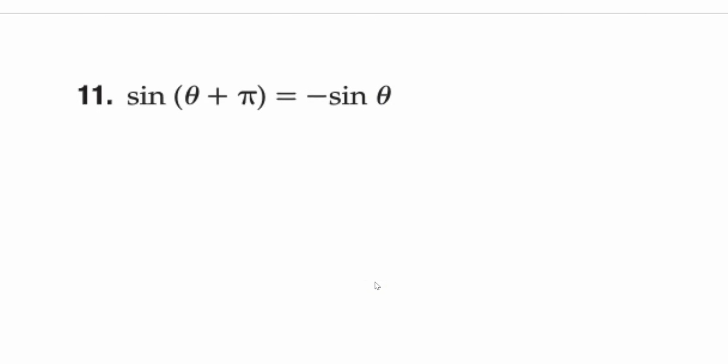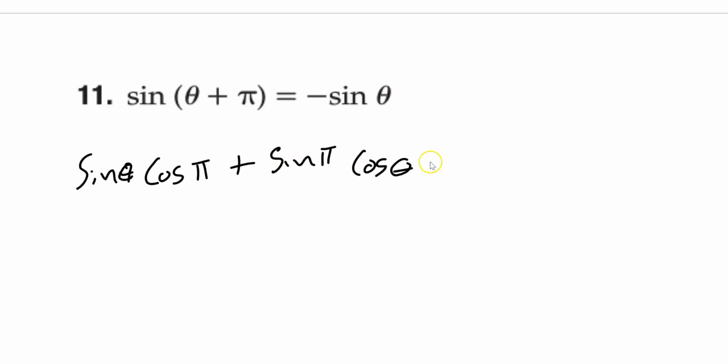One final one right here: sine of theta plus pi over 2. It's all the same idea, we just use the formula. The formula for sine is sine theta cosine pi. Switch it, keep the sign. Sine pi, cosine theta. 0, pi over 2, pi. Negative 1, 0.